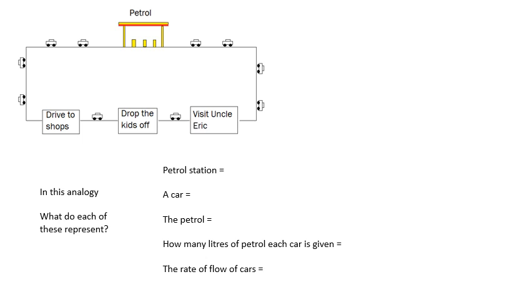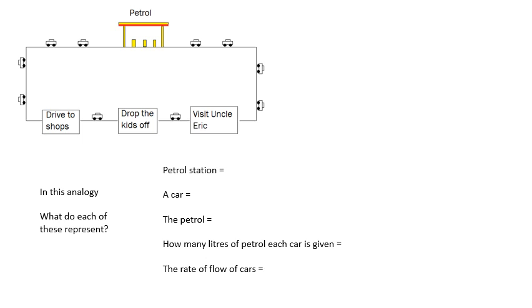This might help. Look at this. There's a petrol station. Lots of cars go through the petrol station, then they do lots of different things. They drive to the shops, they drop the kids off, they visit Uncle Eric. This week it's Uncle Eric. And maybe this will help you to understand voltage. It's an analogy.